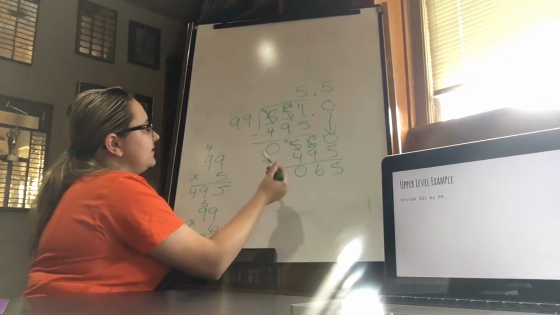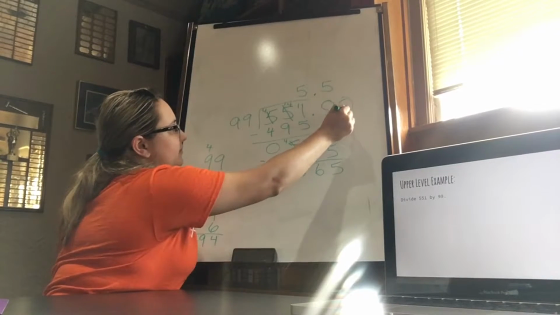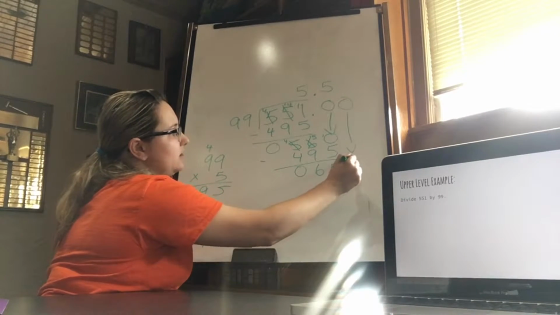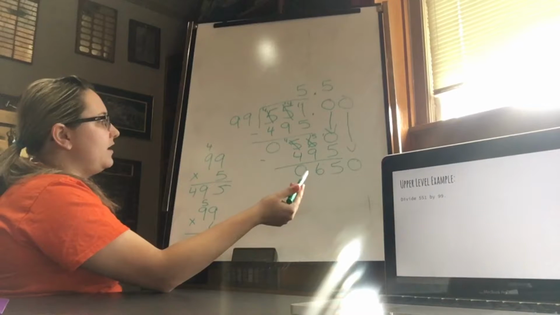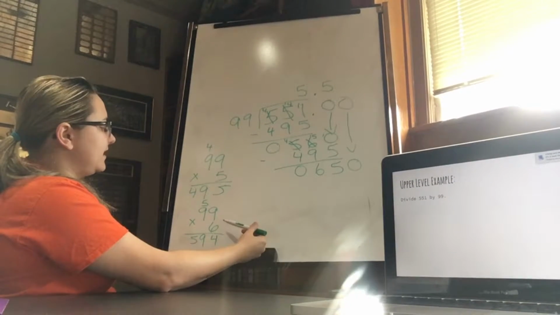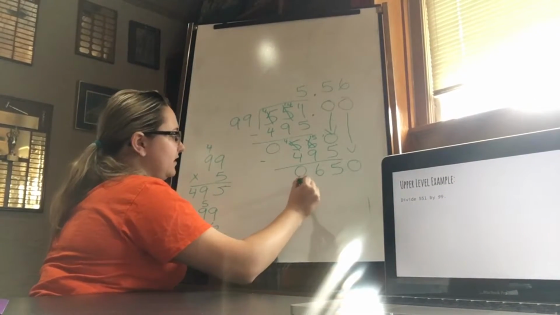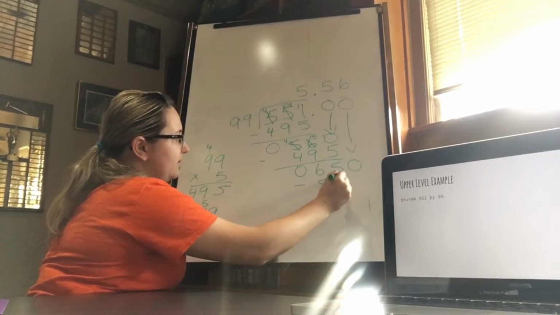And once again, 99 cannot go into 65. So we're going to take another 0 and drop it down, so that's 650. And right here, we can see that we can take the 6 from the 99 times 6. So we'll put a 6 up there, and then we'll subtract 594.